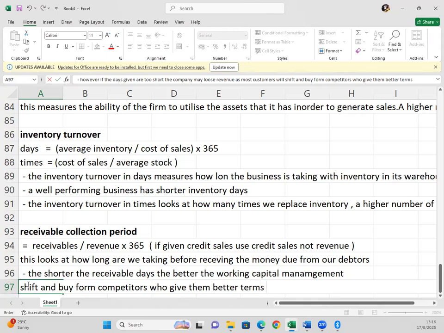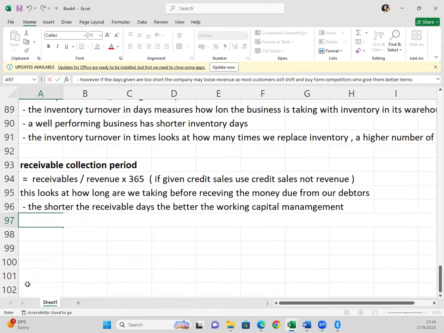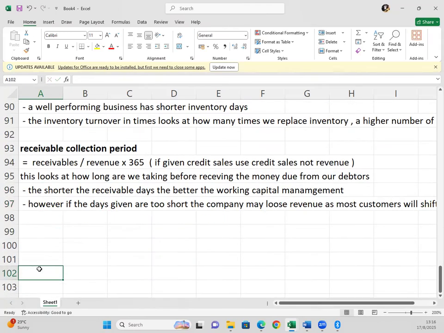So they might look for other competitors who are providing them with favorable terms. Then this was the receivable collection.